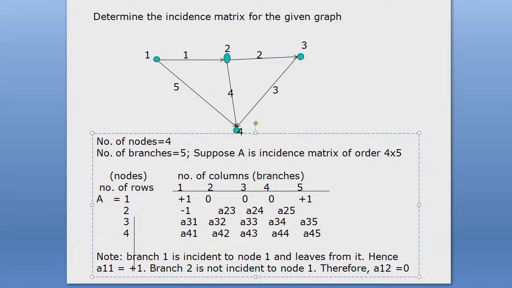A22: the branch 2 is incident to node 2, but it leaves from node 2, then that means it will be plus 1. Okay, plus 1.